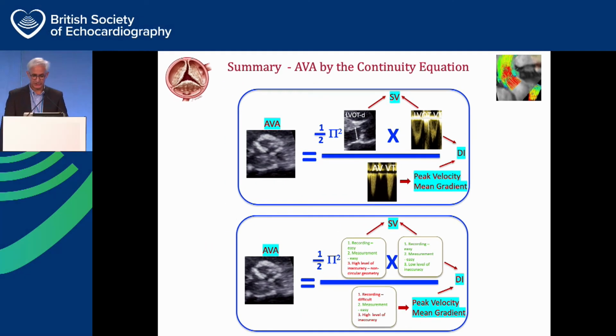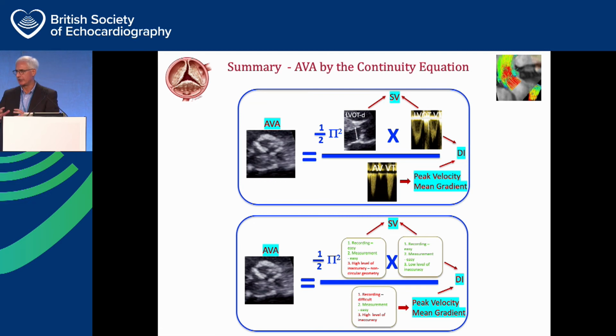The high level of inaccuracy comes from inaccurate pressure detection. This slide also tells us, and I wanted to point this out, how complex and how powerful the effective orifice area of the aortic valve by the continuity equation is, since it incorporates the peak velocity values, incorporates the mean gradient values, and captures the dimensionless index, the velocity ratios, and the stroke volume all in one.